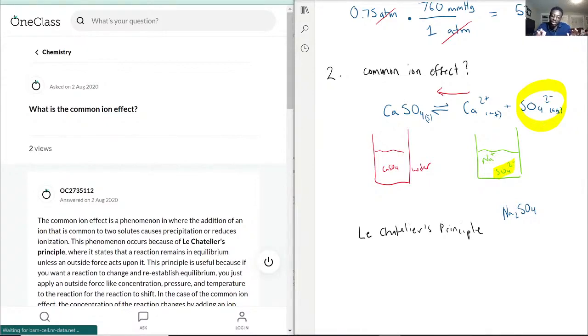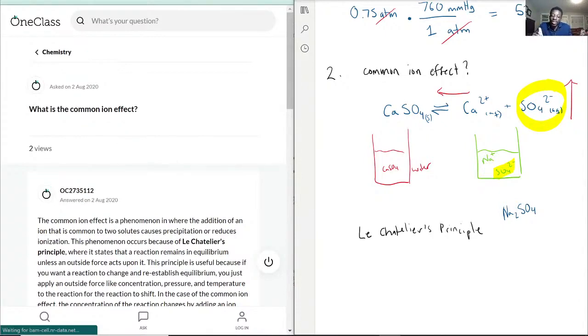Those are the things that really mess up equilibrium. In this specific example, we're dealing with concentration. Now that we have an increased concentration of sulfate ions, when you increase what's on the product side, your reaction shifts towards the reactants.